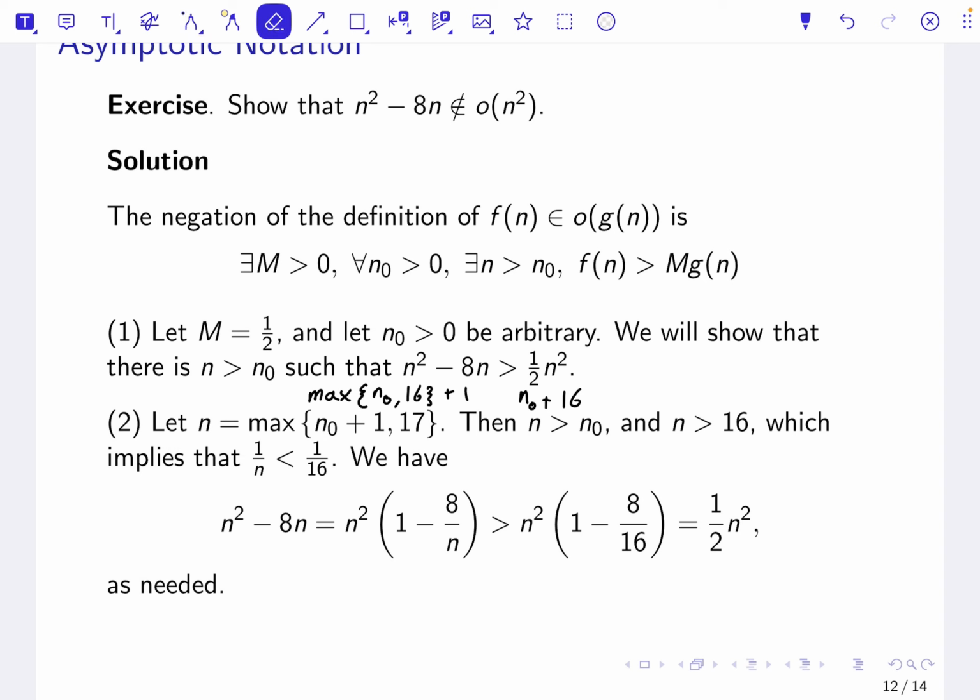All of these will probably get the exact same value. This one and this one will get the exact same value, but this one will be distinct. Either way, it'll work.